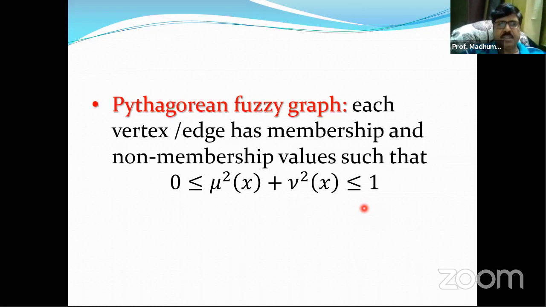Other fuzzy graphs are there. Neutrosophic fuzzy graph I have not mentioned here. Recently, q-rung orthopair fuzzy graph is also there. And spherical fuzzy graphs are also there. These are just terms I have introduced to you to get habituated with. So anybody interested to work with fuzzy graphs can study each of these topics.